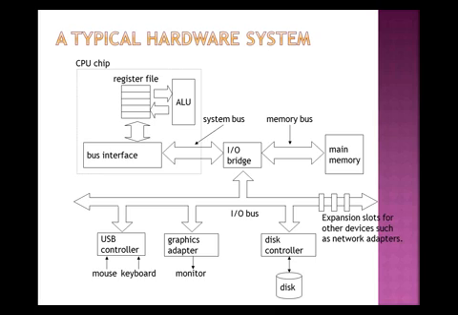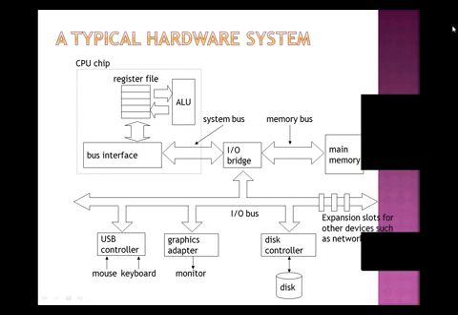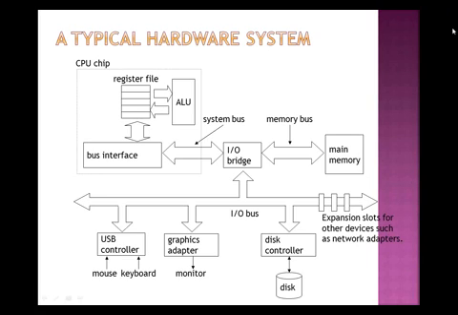We can simply understand what a system is, but a system also contains some hardware parts. These are the internal hardware parts included whenever we use a system: the CPU chip, system bus, memory bus, expansion slot, disk controller, graphics adapter. All of that is attached in one place, and that makes the system.